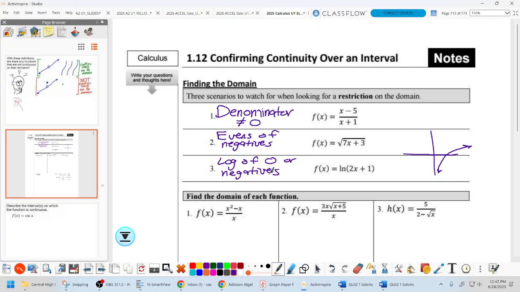Okay. I'm going to write out here these restrictions. Restrictions must be excluded from domains.